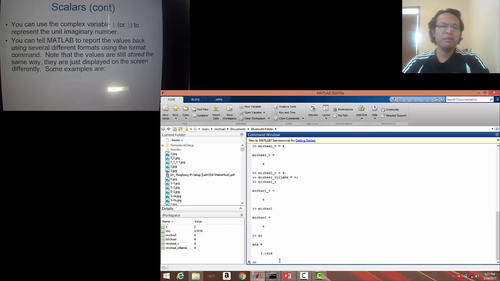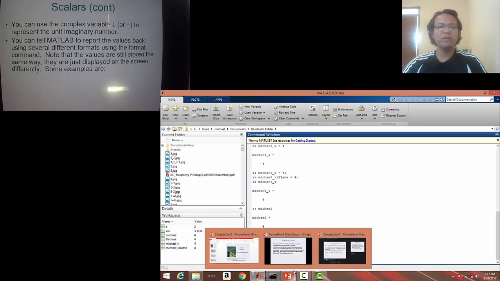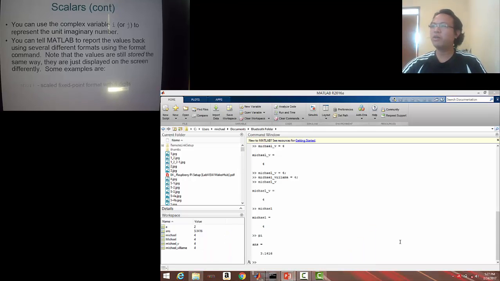When I hit enter, pi is 3.1416, the ratio between the circumference and the diameter of any circle. As you can see, there are only 4 digits to the right of the decimal point. It means that there is a format here, and this format defaults to short.